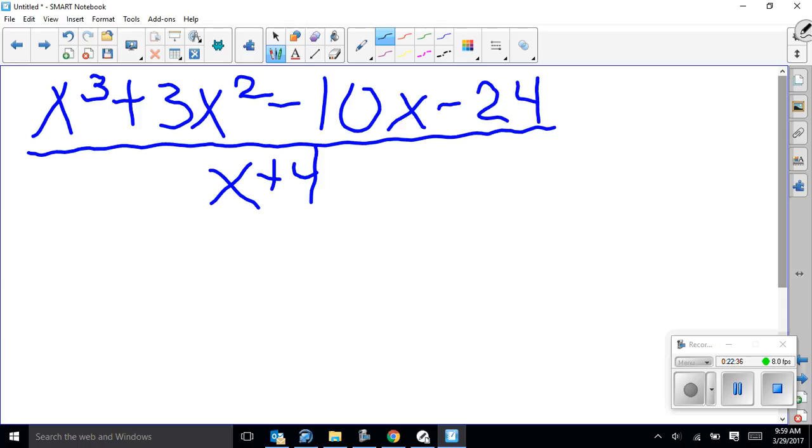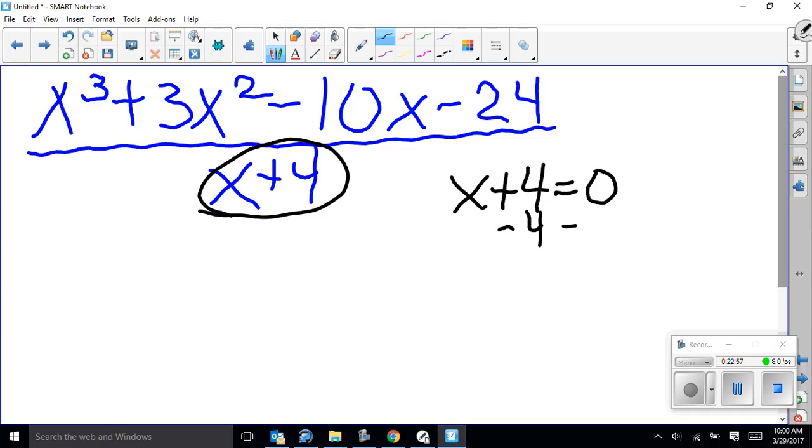Alright, so we're going to set up our synthetic division. So the first thing, what are we dividing by? X plus 4, right? So in synthetic division, we're not dividing that whole thing, we want to know what x equals. Alright, so x equals negative 4.